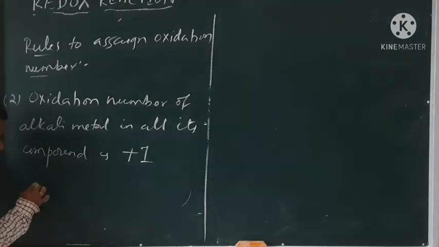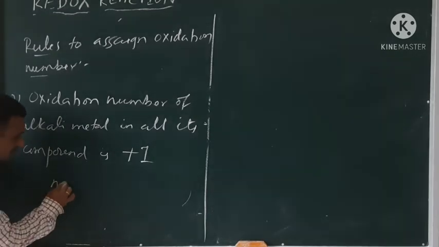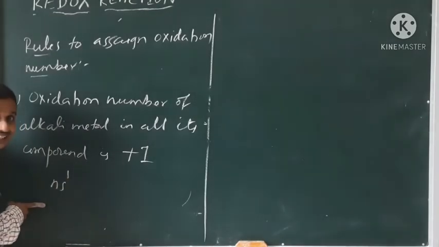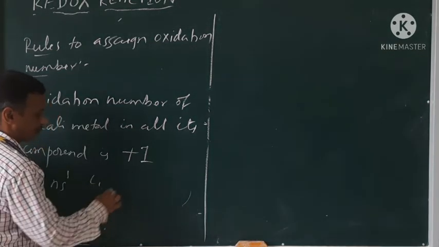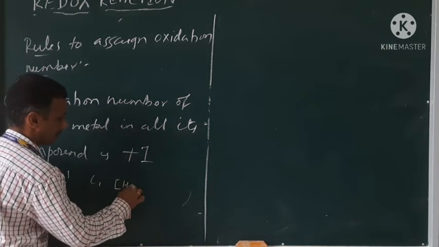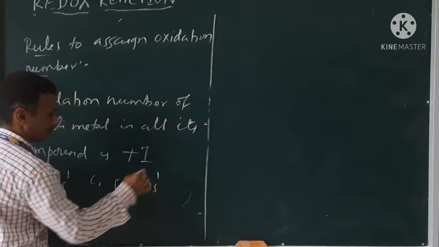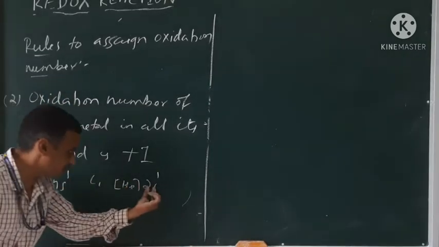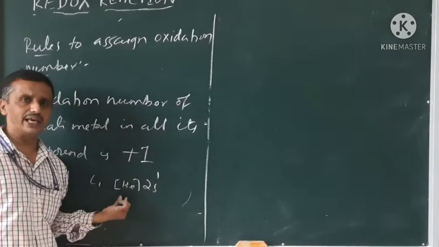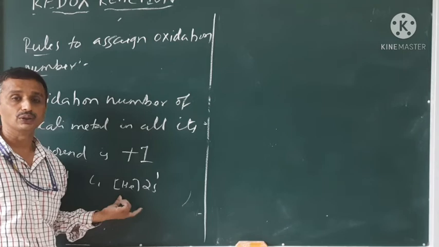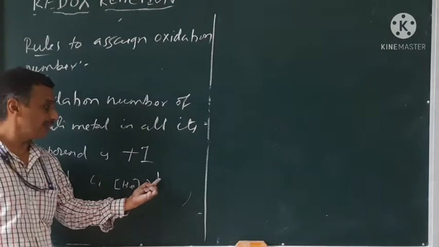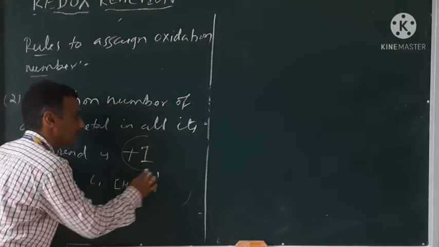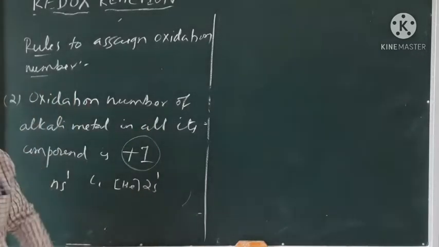Because for an alkali metal, what is the electron configuration? ns1 is the valence shell electron configuration. Take lithium, helium 2s1. When this one electron is lost, it gains a duplet structure like a symmetrical, stable element. So only one electron can be lost. That's why +1 state only in all compounds.